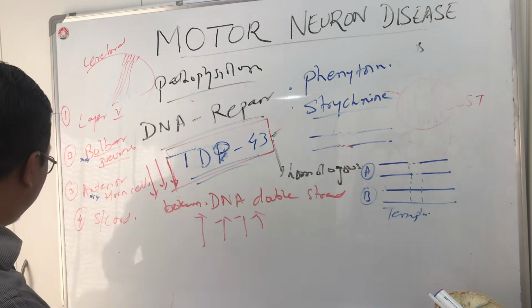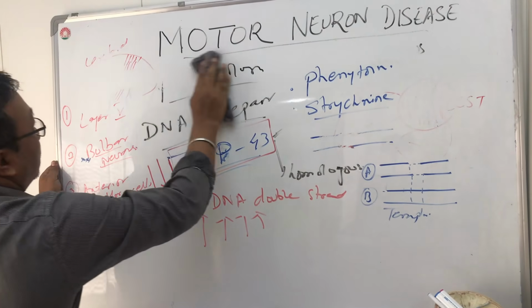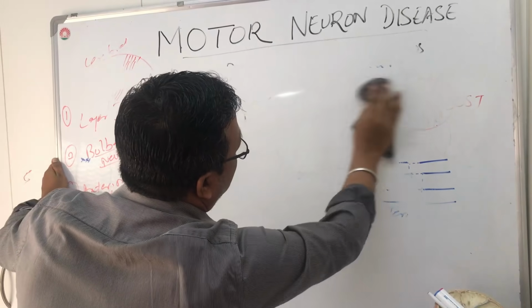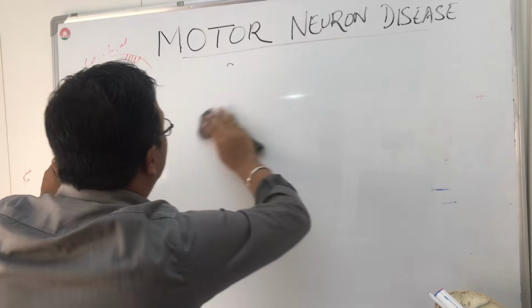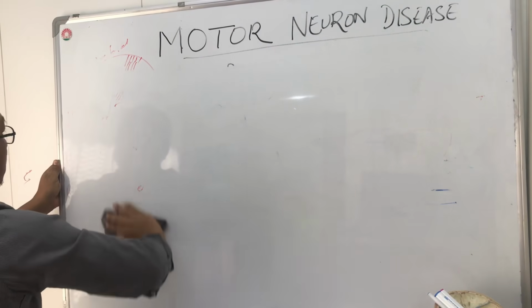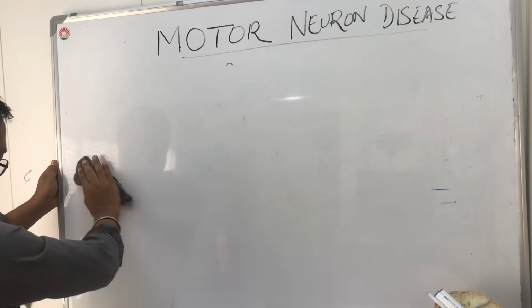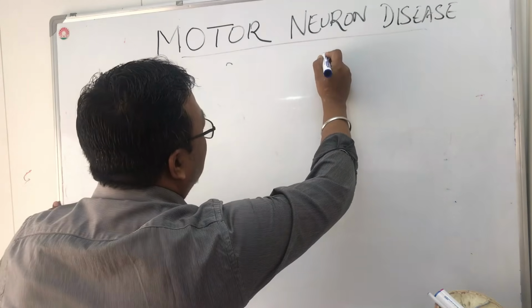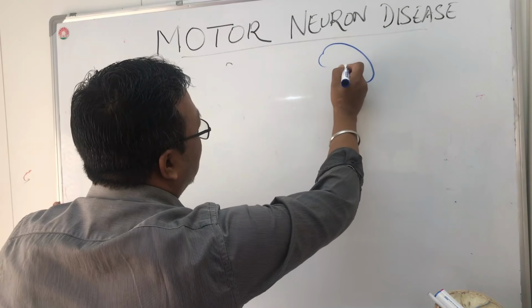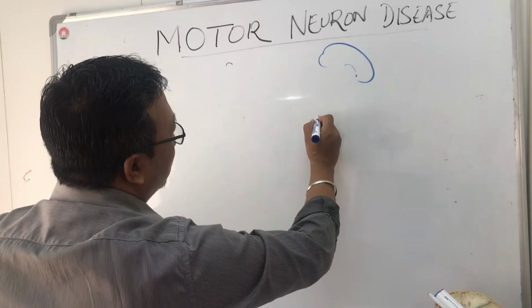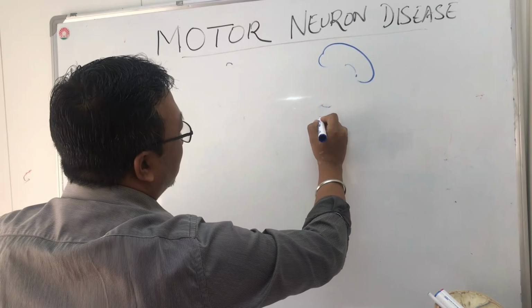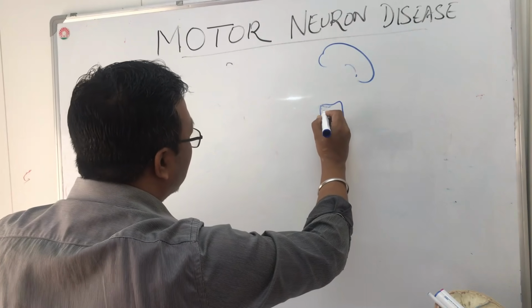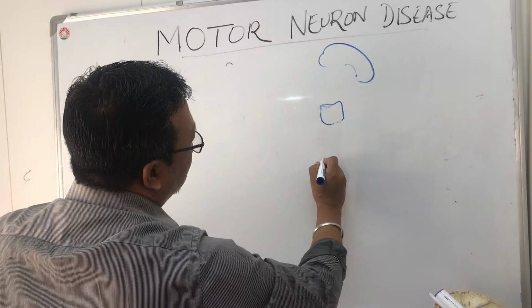Now let's go for clinical manifestations. We all know the pyramidal tract starts from here, then comes to the medulla, and then the spinal cord.